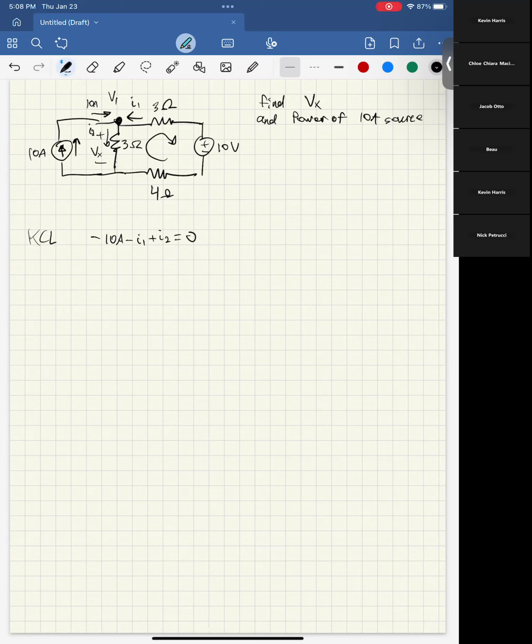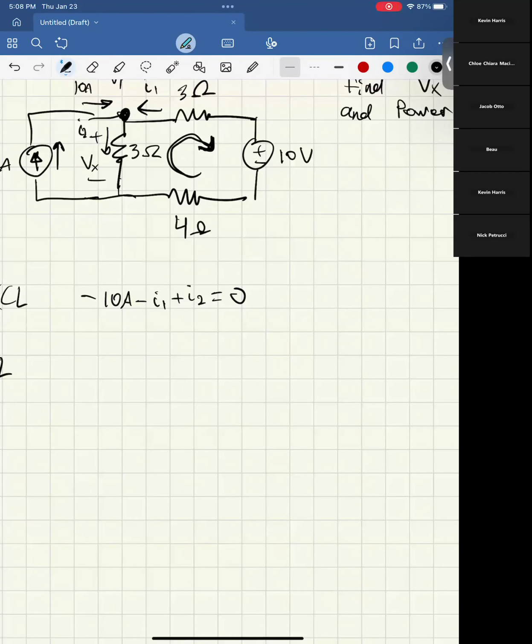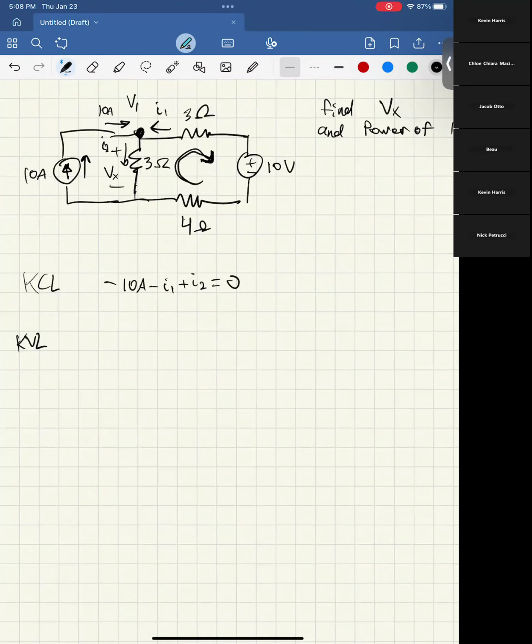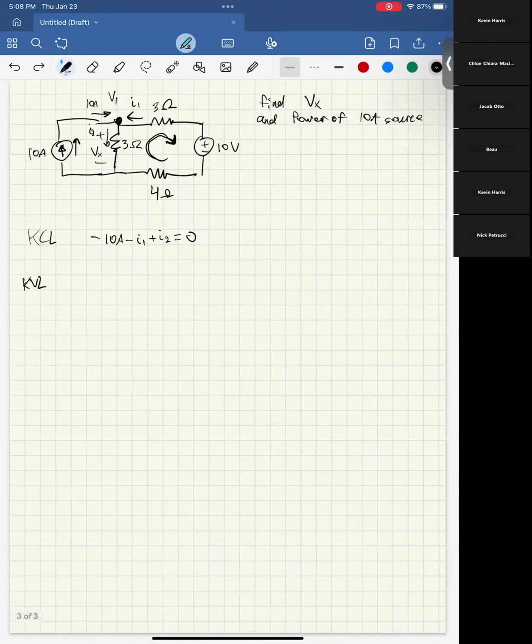Kirchhoff's voltage law. So if we look around this loop, we have a bunch of resistors and one voltage source. Kirchhoff's voltage law is saying that the voltages around the loop sum to zero.